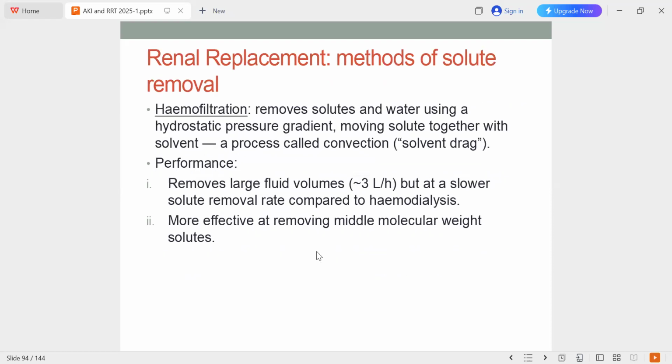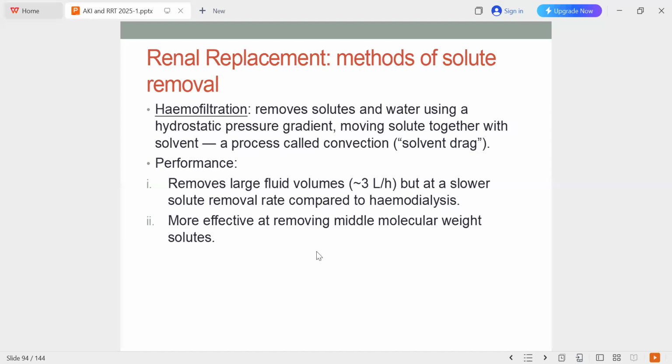So the other way of removing solutes, apart from hemodialysis, is hemofiltration. All right, and this uses convection, like we mentioned before. So this removes solutes and water using a hydrostatic pressure gradient, where solute moves together with the solvent. All right, so the solvent drags the solute along with it.